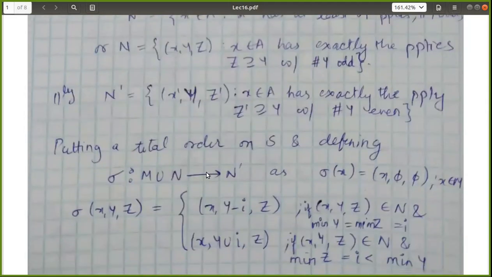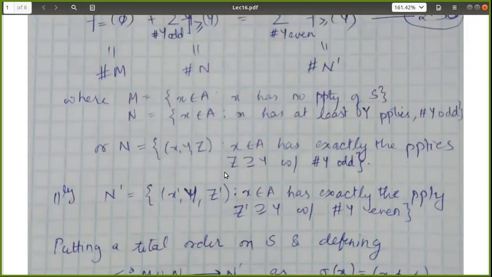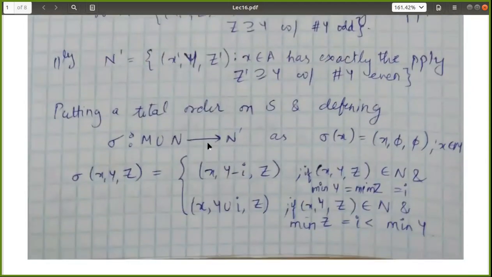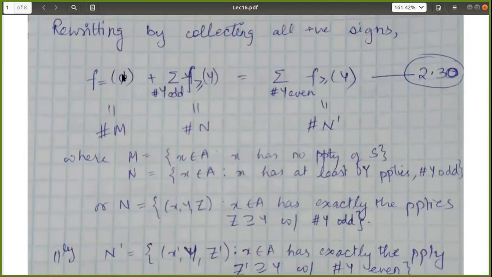So if you're really trying to define a bijection, see why you're trying to define this? Because we wanted to show that this quantity is same as this quantity, correct? So if you can put up a bijection between this set union this set and this set, then you are done. Because their cardinalities are exactly the elements which are there in your equation.